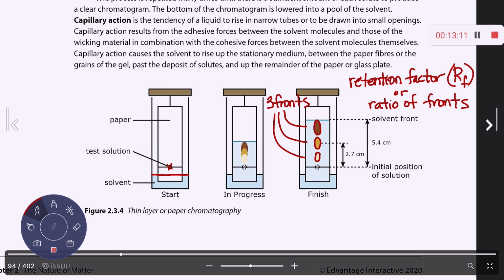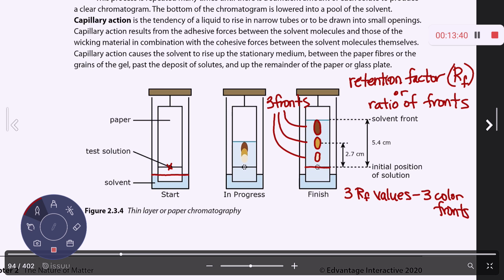What you're going to do here is you're going to calculate in centimeters the distance that color front traveled. If you only have one color, you would have one RF value. But if you have multiple colors, you would have that many RF values. So here you would have 3 RF values because there are 3 color fronts. So keep this in mind when you go to do this lab.